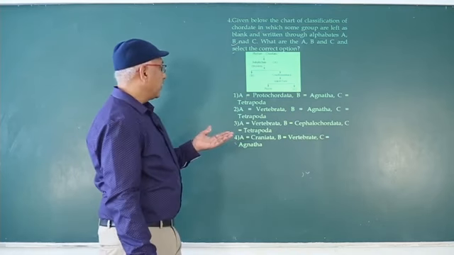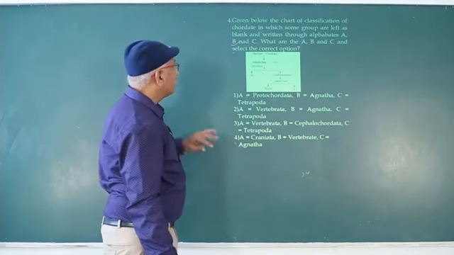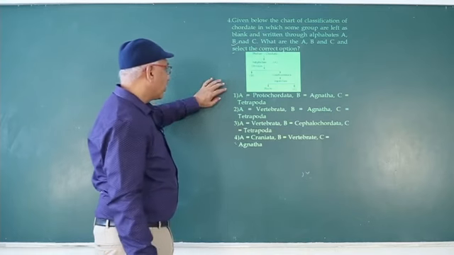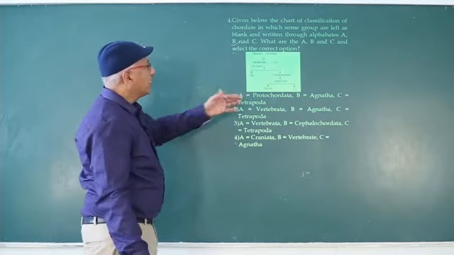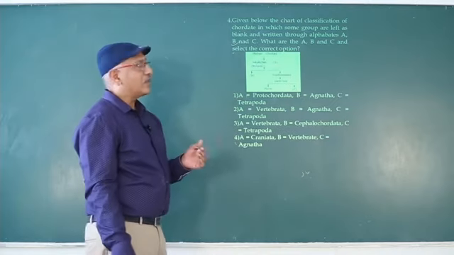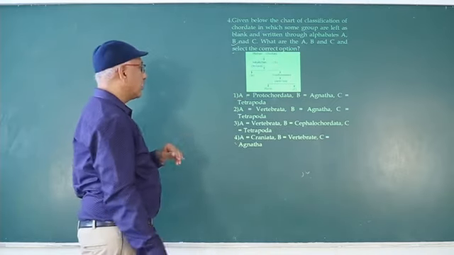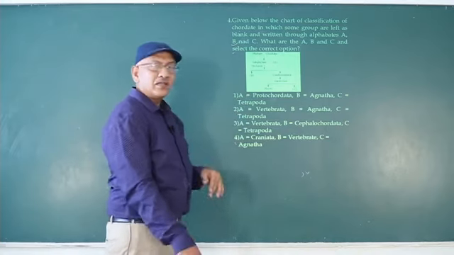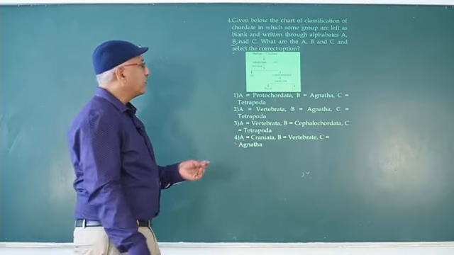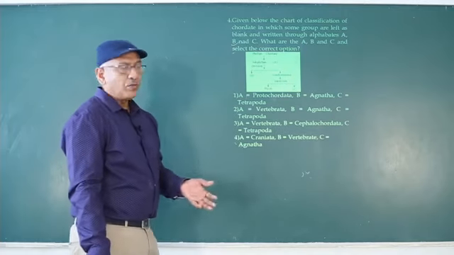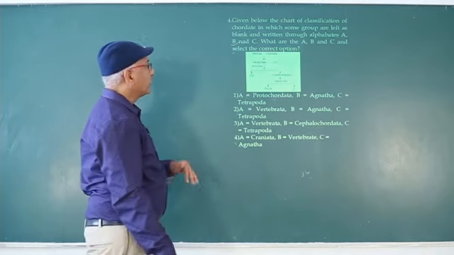So A should be Vertebrata. Vertebrata is classified into two superclasses, Agnatha and Gnathostomata. A means no, gnatha means jaws: jawless vertebrates. You already know Cyclostomata come under Agnatha.